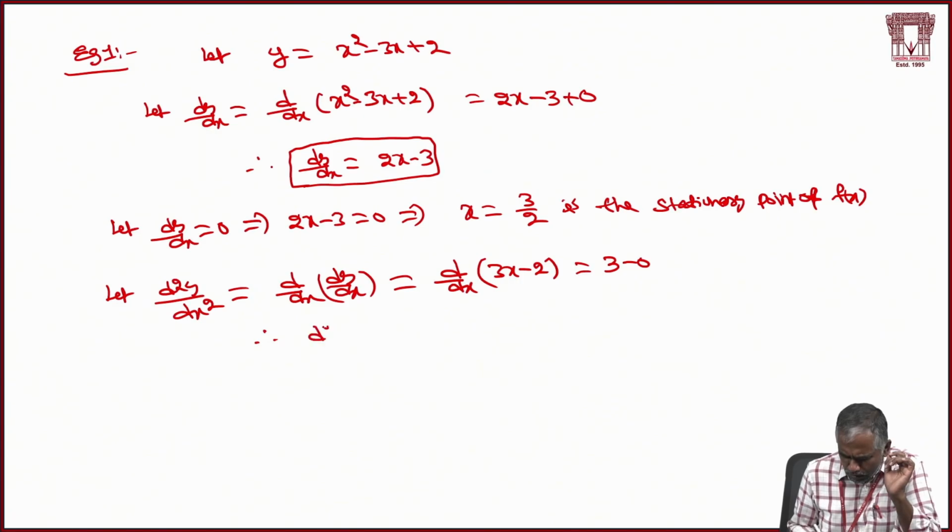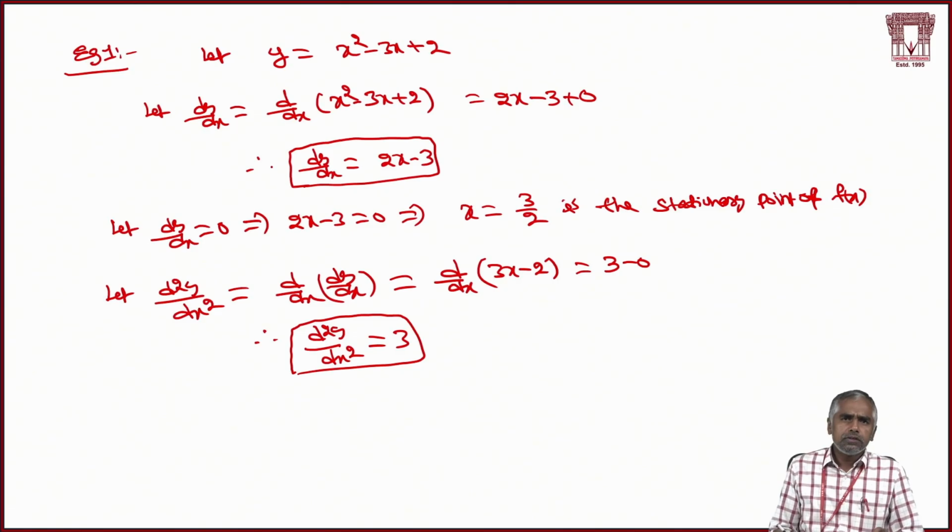So therefore d square y by dx square is equal to 2. So the double derivative of the given function is d square y by dx square equal to 2. After getting double derivative of y is equal to f of x, we will have to follow the 3 cases of step 3 by substituting the given stationary points in d square y by dx square.